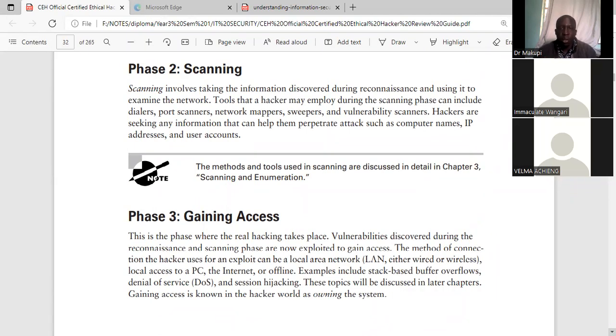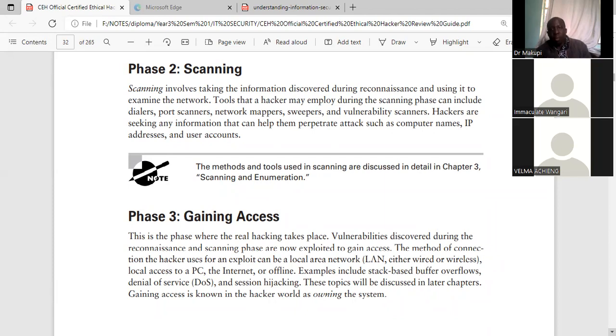So you see, tools that hackers may employ during scanning include dialers, port scanners, network mappers, because I have known what the IP ranges are. Then now I can understand what I am scanning, you see, at what ranges. Sweepers and vulnerability scanners, you see. So hackers are seeking any information that can help them penetrate or attack such systems.